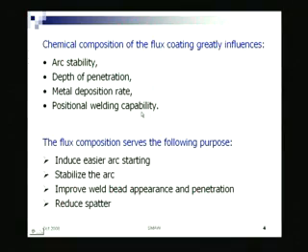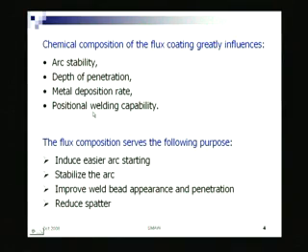So these are called positional welding. Taken together, it is referred to as positional welding. So what it says is that the positional welding capability also will depend on the flux coating composition. These we are talking about for manual metal arc welding, for shielded metal arc welding. That means a particular type of electrode may be suitable for downhand welding, may not be suitable for overhead welding.